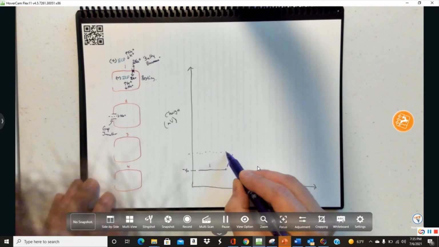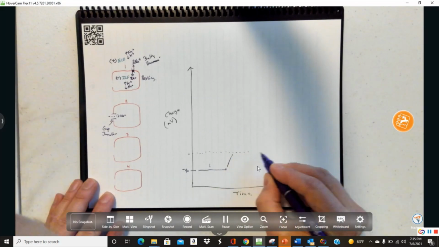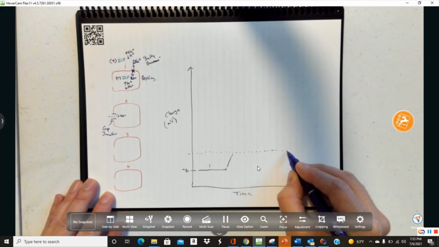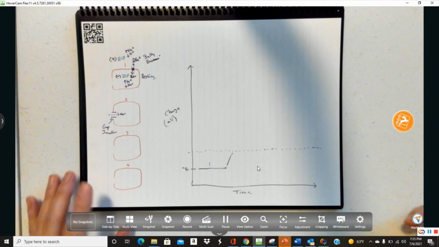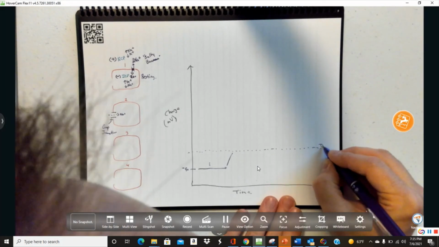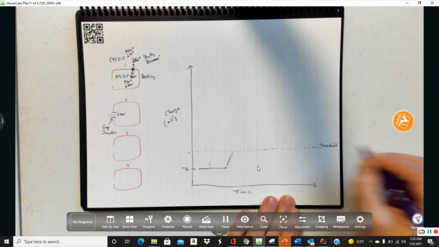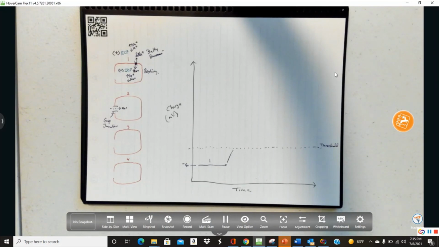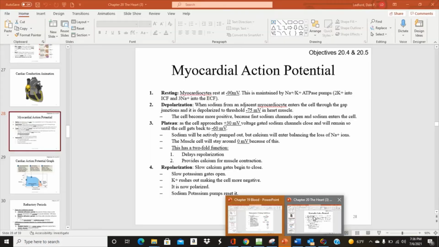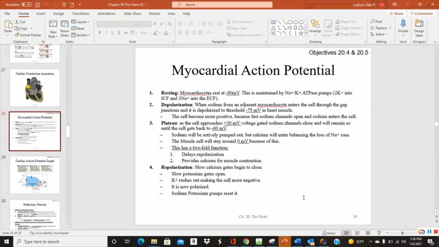Now, you guys might know what's going on right here. This is a very important concept when it comes to excitable cells, and you may know this idea of threshold. Threshold in this case is right around negative 75, which is more positive than negative 90.